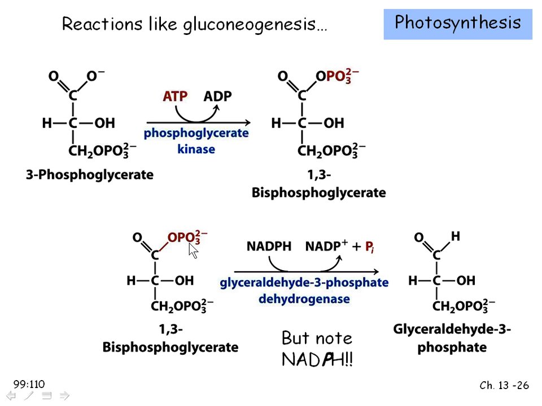So this is a fairly high energy molecule, and the potential energy in this phosphate is what helps to drive the reaction in that direction. And so now we have a glyceraldehyde 3-phosphate. So this is similar to the reaction in glycolysis, but it uses the NADPH because this is purely an anabolic process.